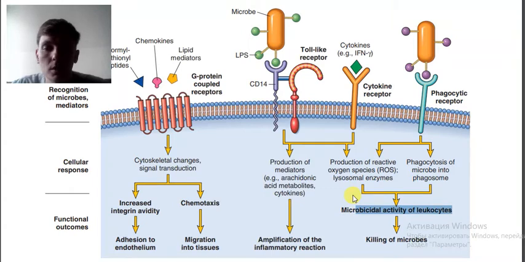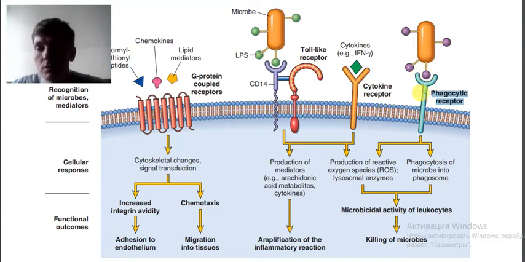These lysosomes and reactive oxygen species are used by neutrophils especially to kill bacteria. We have phagocytic receptors, as we discussed in previous lectures and classes. We have specific phagocytic receptors which facilitate phagocytosis here.